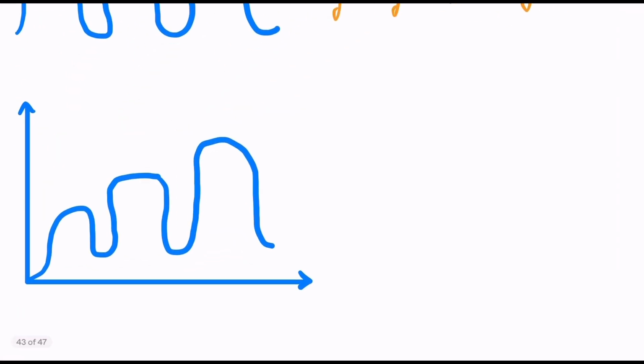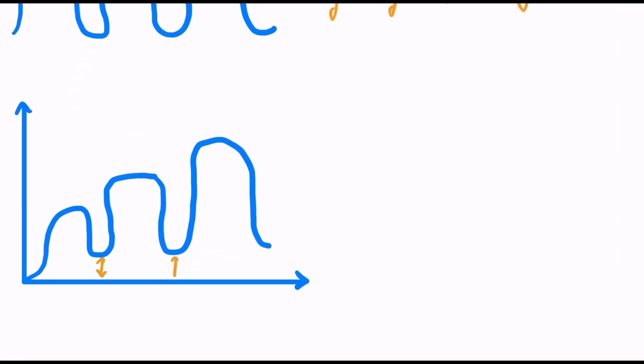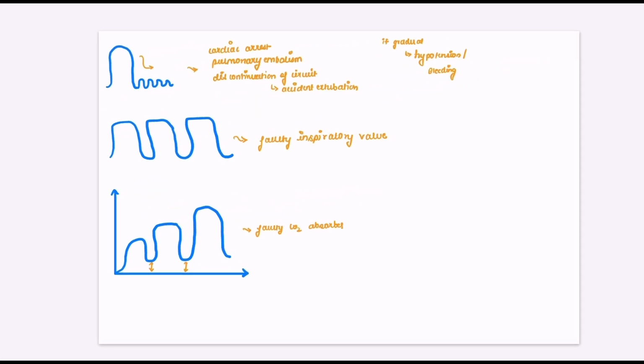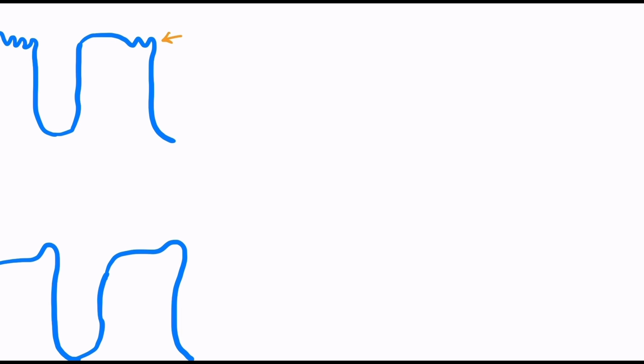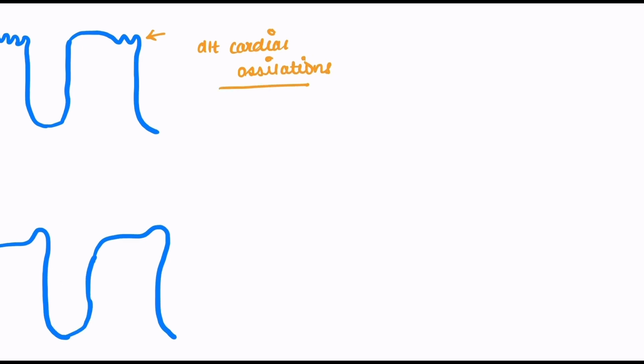The next capnograph where the baseline is increased, this is due to faulty CO2 absorber. The next capnograph where this type of appearance is seen, this appearance is due to cardiac oscillations. This type of capnograph is normally seen in children.